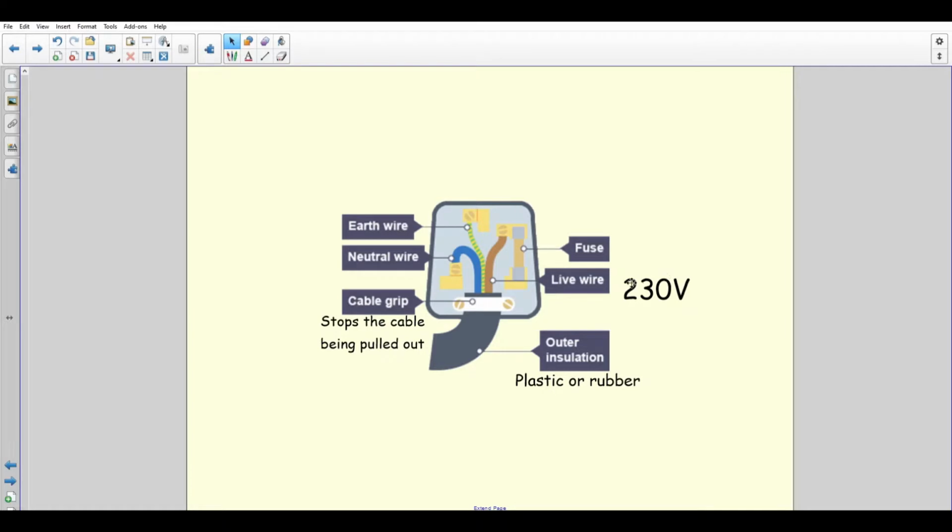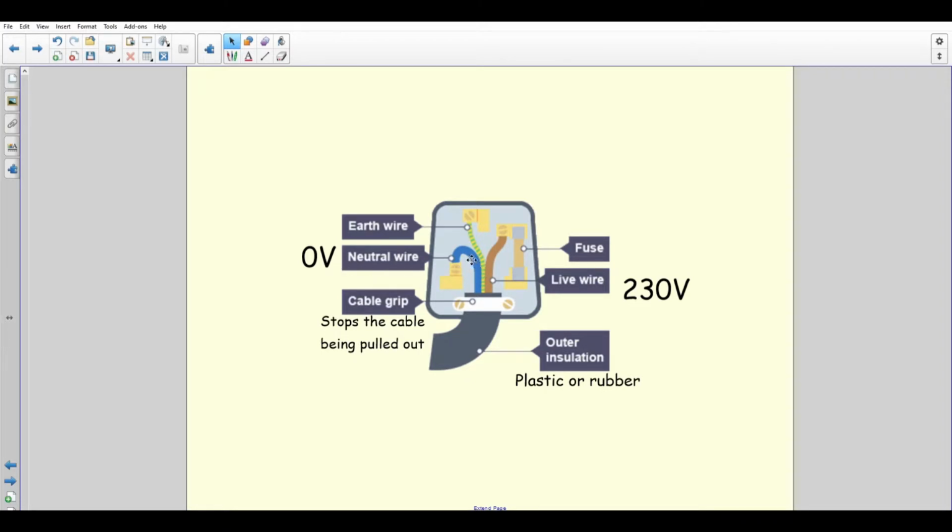So live wire carries 230 volts to the appliance. So from the plug to the appliance carries 230 volts. Your neutral wire is at 0 volts. I mean it's not dangerous because it could, if it's part of the circuit, you're getting some current flowing back through it, which can be really dangerous still.